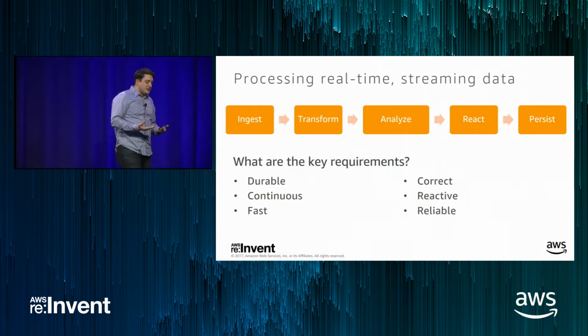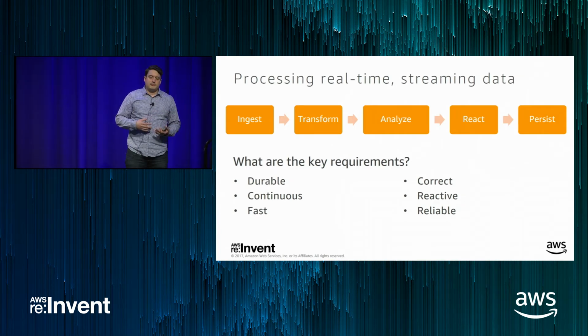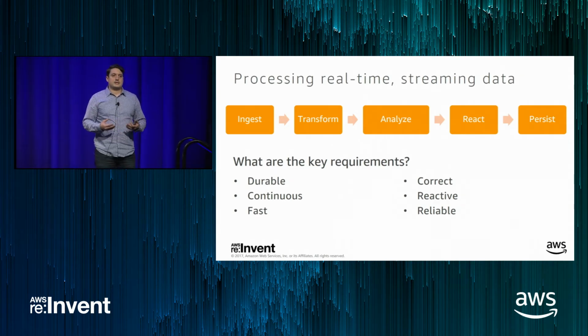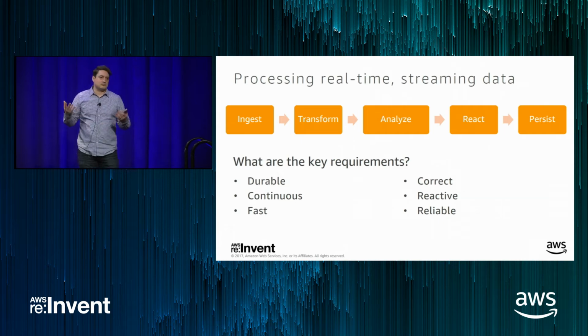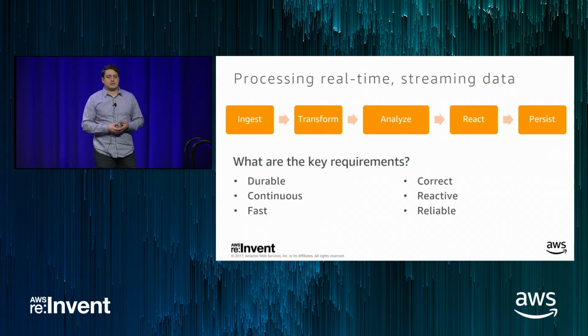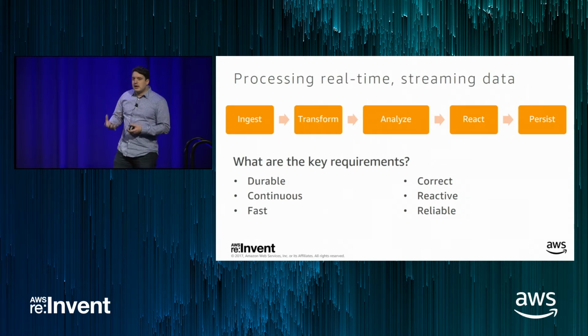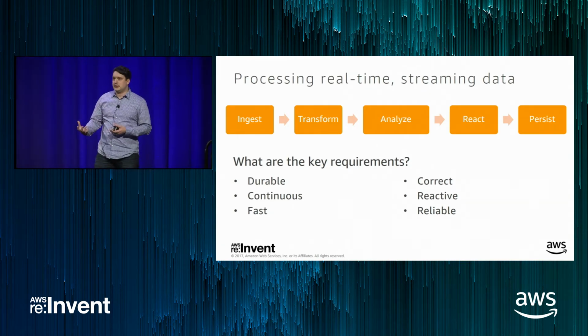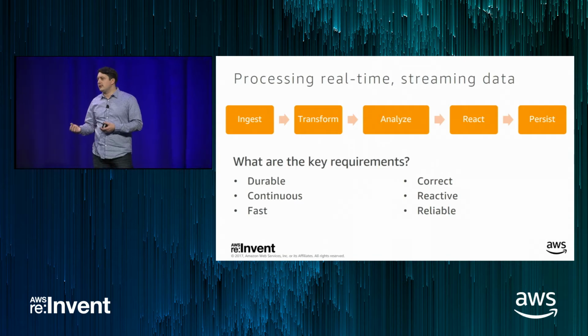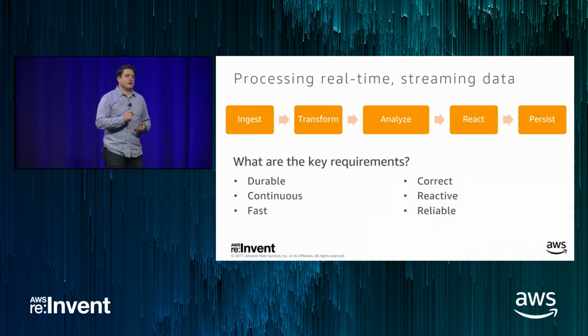With batch data processing, maybe you have an application server that wakes up every hour, takes a bunch of logs that were saved to disk, and then you upload to a centralized data lake once an hour, maybe once every couple hours. That's a lot different ingestion path than for streaming data, where you're ingesting the data continuously, and typically much smaller pieces of data, because you're trying to react to the data in real time.